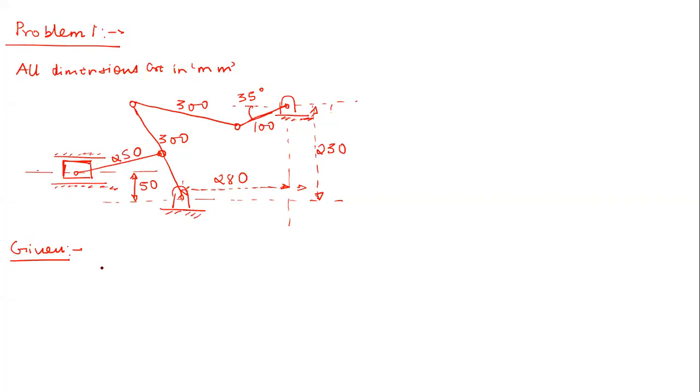Second, it is given that the crank OA, this is your crank here, rotates at 150 RPM in the clockwise direction. So this is one point which is given to us, and then the length of all the links is provided.